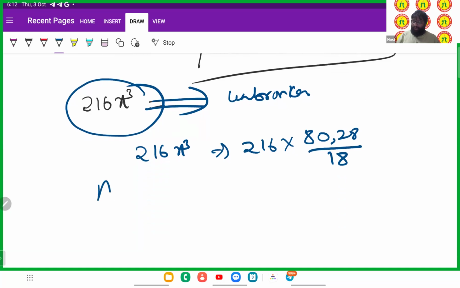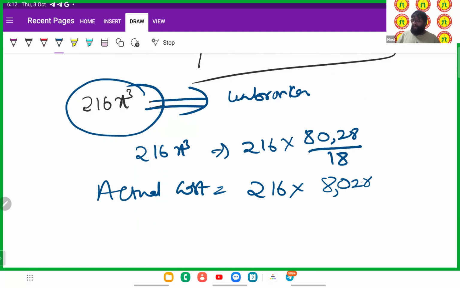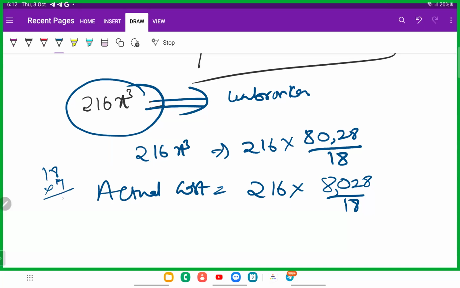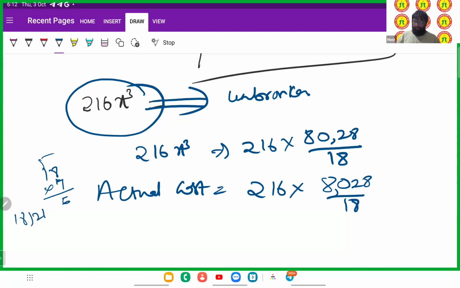So this is the actual cost. So actual cost is equal to 216 into 8028 by 18. So 18 होगा क्या इधर 18 7. So we can cancel 2 and 6 and 18. कैसा किससे होगा 6 table.